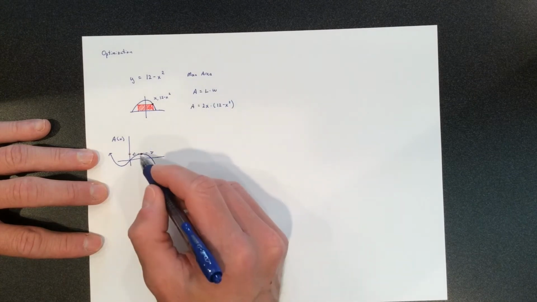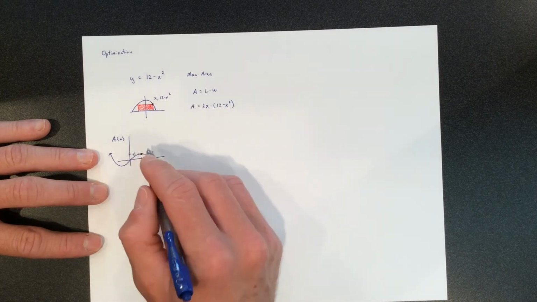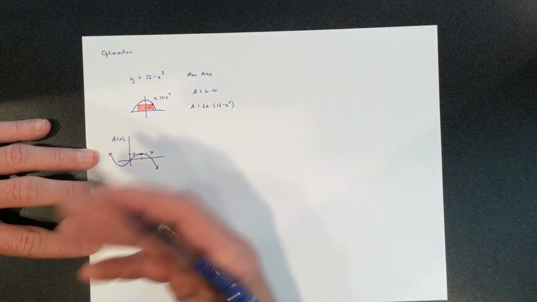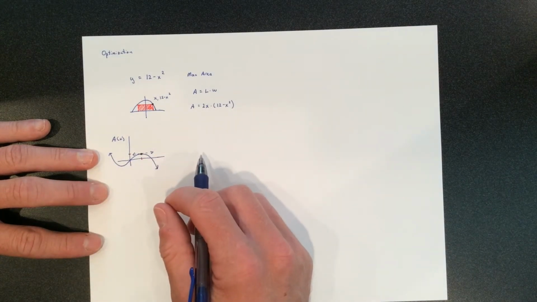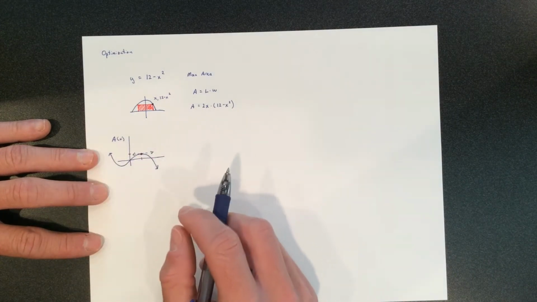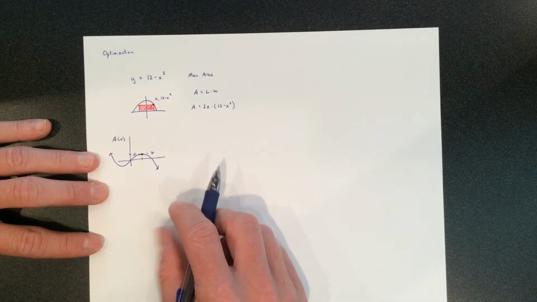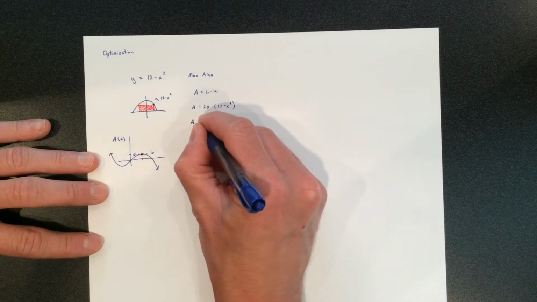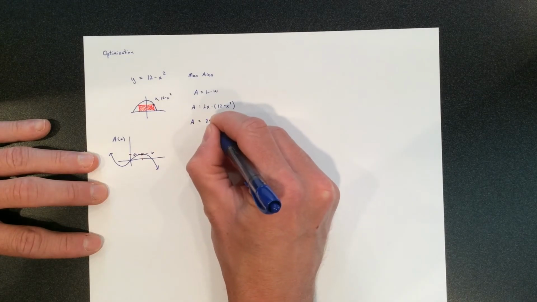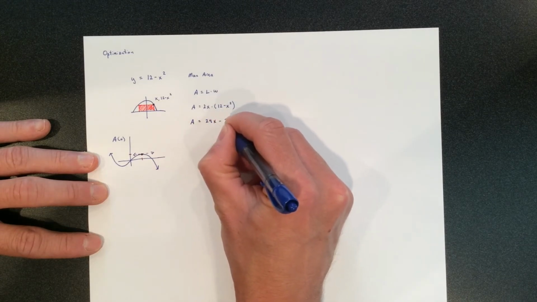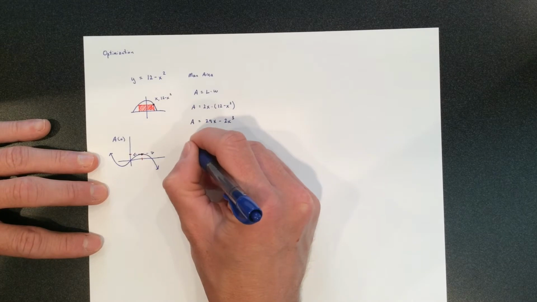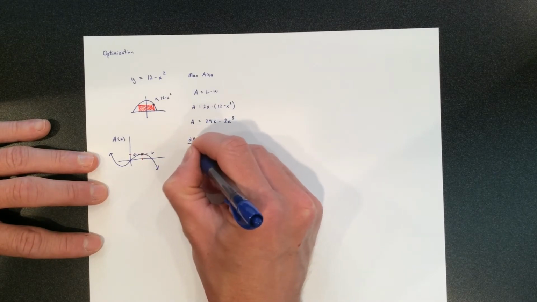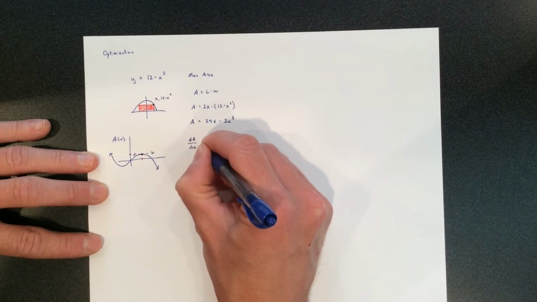So remember, how do we find maxes and mins? We figure out where derivatives are 0, and then we got to make sure that they're actually maxes and mins. Again, just because you're a critical point doesn't guarantee you're an extreme value. I'm going to go ahead and multiply this out first before I do any calculus and get 24x minus 2x cubed. Now I'm going to take a derivative, so dA/dx, the derivative with respect to x.